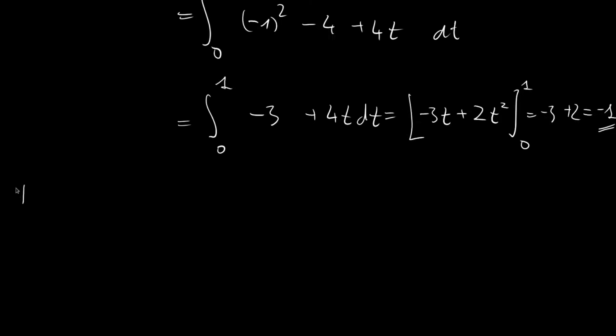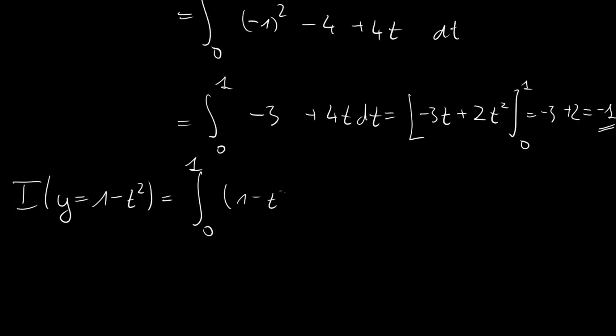Okay, let's plug in another value, and let's plug in the solution that we expect, which is y is 1 minus t squared. So the integral from 0 to 1 over 1 minus t squared in brackets, take the derivative, square, minus 4 times 1 minus t squared in brackets dt.